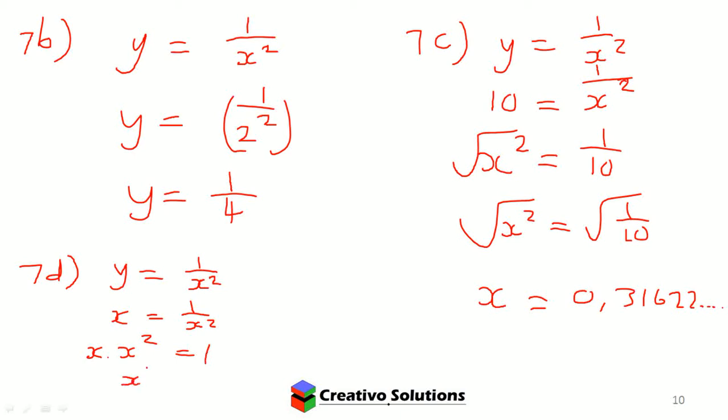So I'll have x to the 3 equals 1. If x is to the power 3, I'm going to cube root it. So I'll cube root both sides. Cube root x gives me x, cube root 1 gives me 1. So x would equal 1 here for 7D. x equals 1 would be the answer.